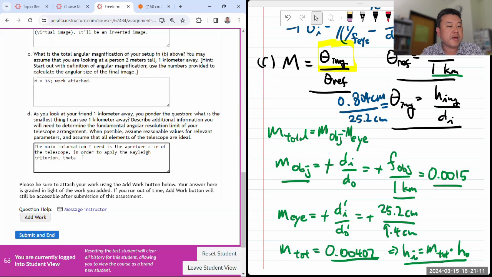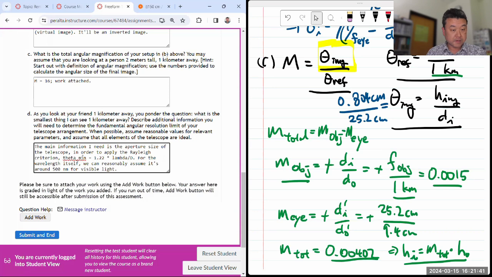So theta min is equal to 1.22 times wavelength divided by aperture. I think that's correct. I forget where 1.22 goes. Oddly enough, I remember the number itself. For the wavelength itself, we can reasonably assume it's around 500 nanometers for visible light.